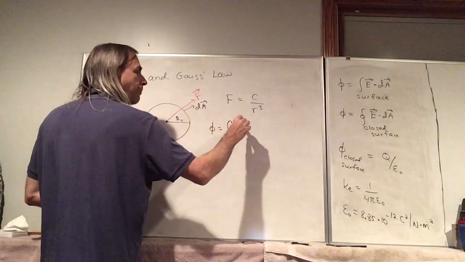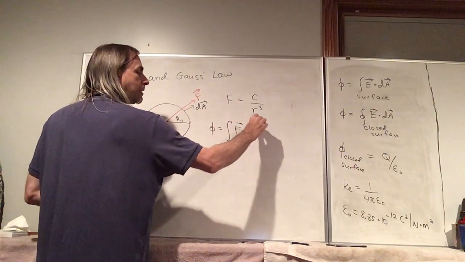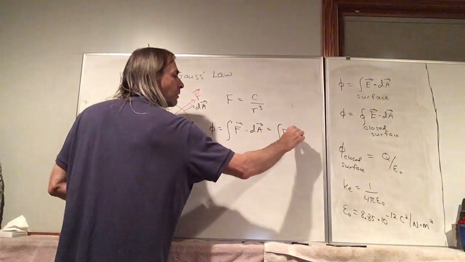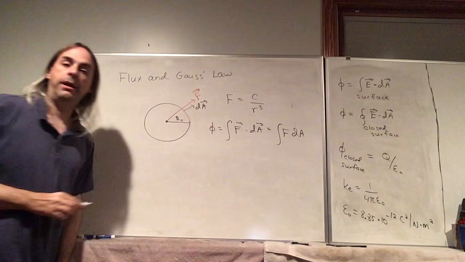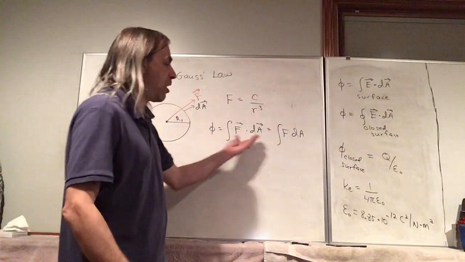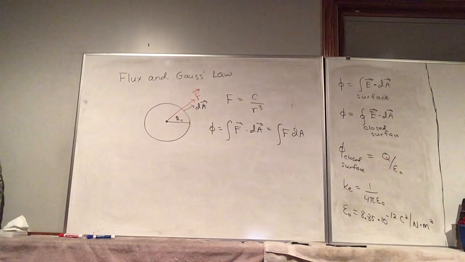is the integral of F. So again, we're just doing the exact same argument. And again, because it's a radial field, we defined it that way, this dot product is just going to be the magnitude of F times the magnitude of dA.